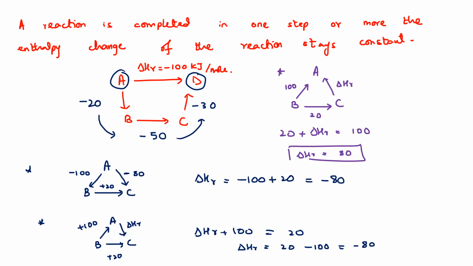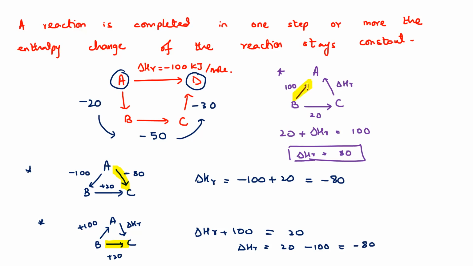But in this reaction which you made, sir, which is the direct one? How would you identify the direct reaction here? B to C, yeah, that is correct. Both are making A, so how can you say this?